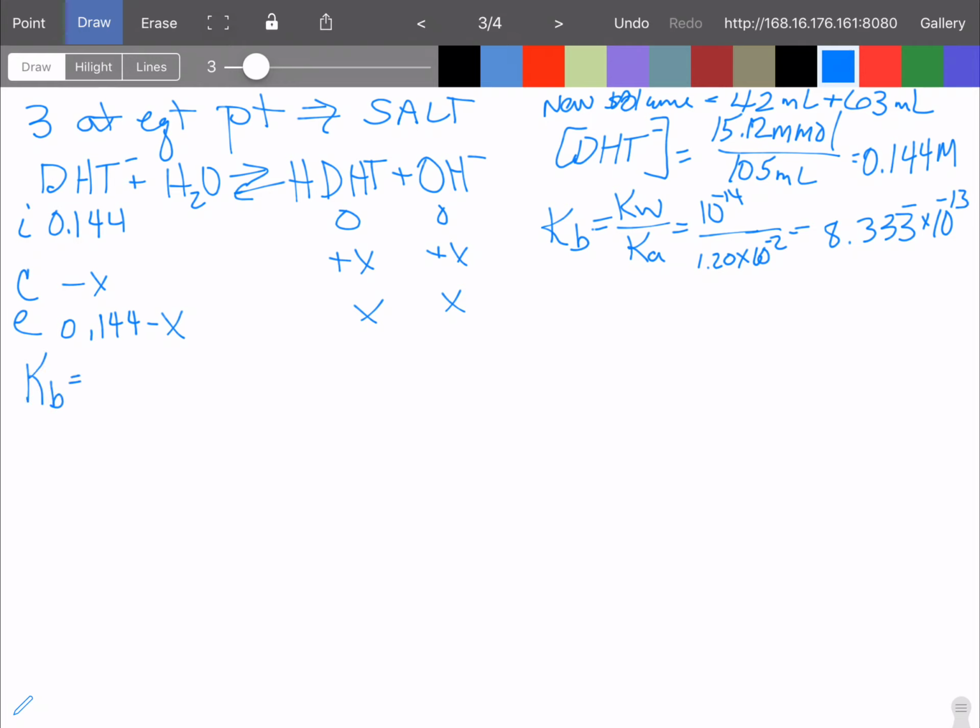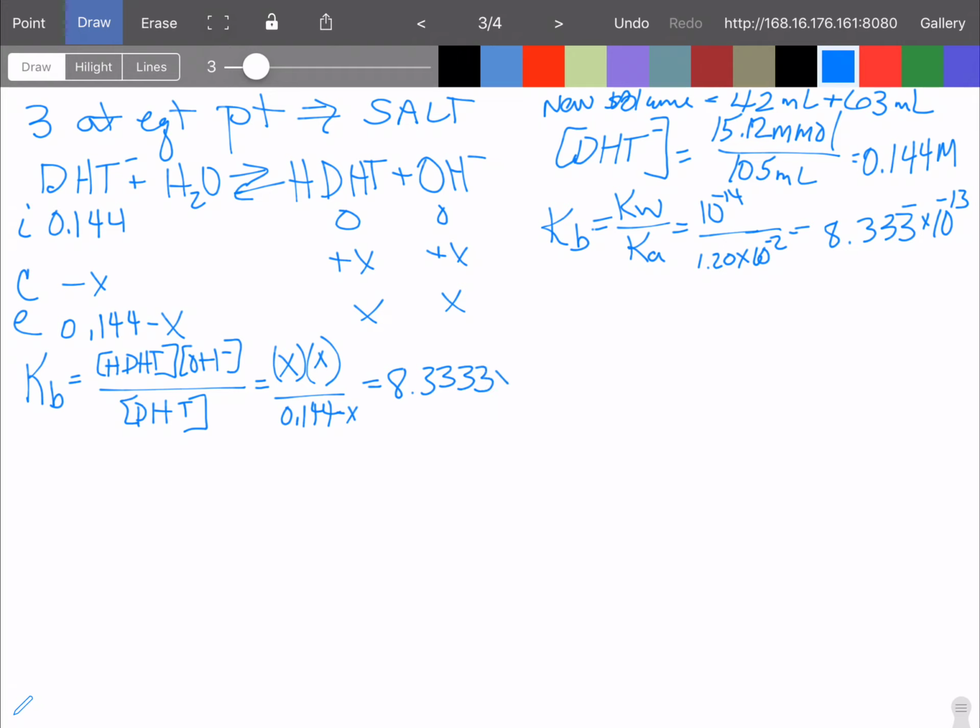So our Kb is going to be equal to the HDHT times the hydroxide divided by DHT, which is equal to X times X over 0.144 minus X, which is equal to 8.3333 times 10 to the minus 13th.